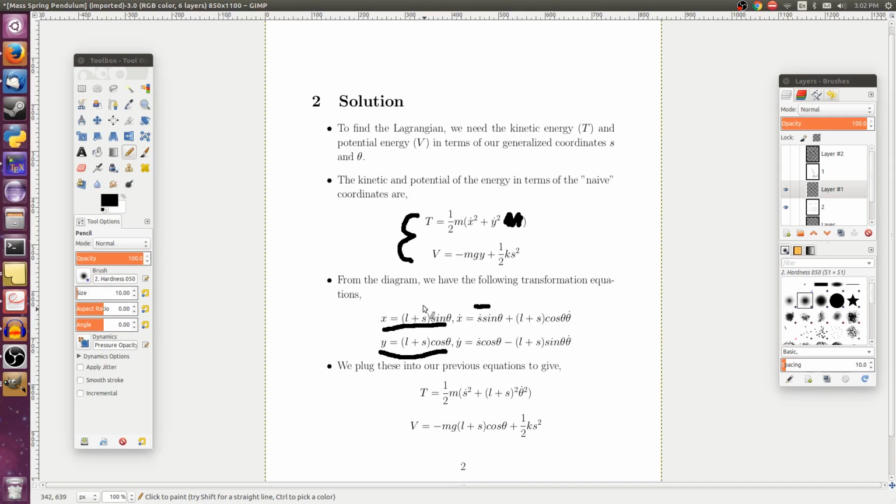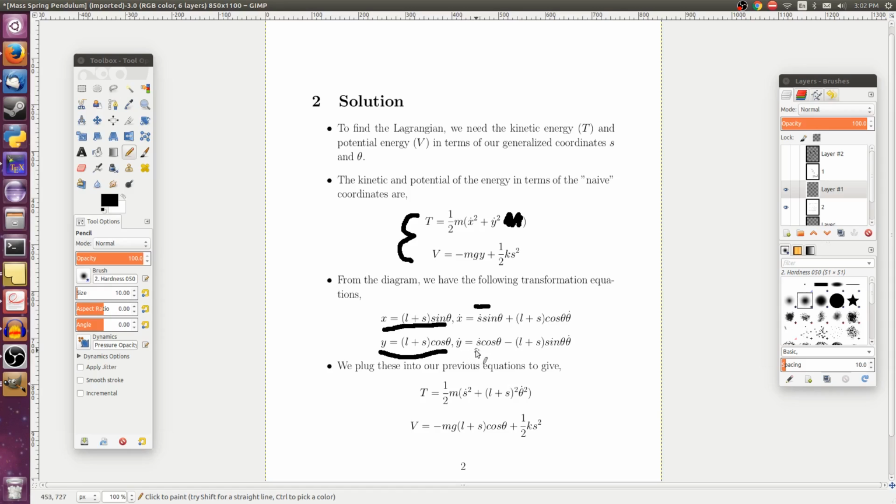So for the first step, if you differentiate this part right here, then you get s dot sine of theta plus, and the second part you leave this part alone so that L plus s stays alone. And then you would differentiate sine of theta with respect to time, because theta is a function of time. So you differentiate that outside part first, so you get cosine of theta, and then multiply it by the derivative of the inside, which would just be theta dot.